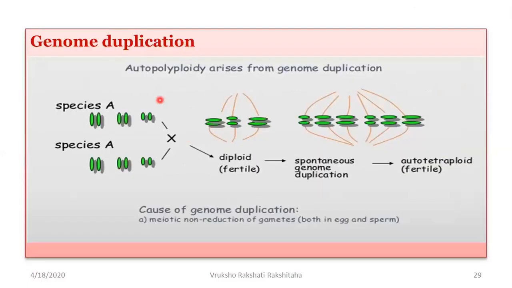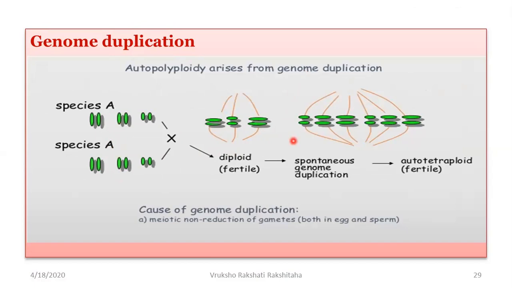So suppose there's a cross between two plants which belong to the same species, two different plants but belonging to the same species, then the diploid which is produced will be fertile. Occasionally, the chromosome number may double. That is, genome duplication may take place.